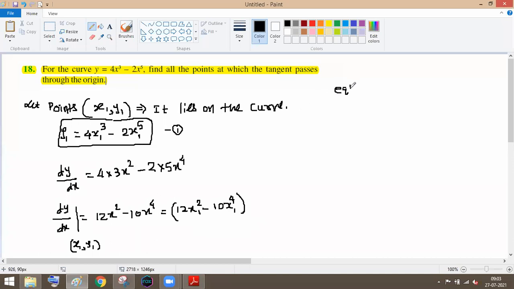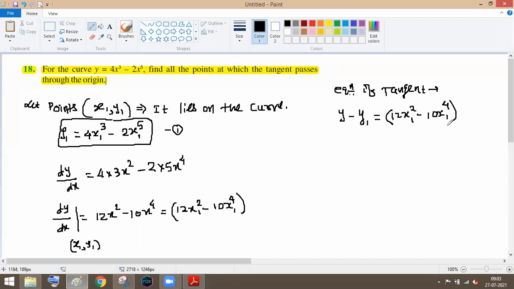Now if I write the equation of tangent, what will it be? It will be y minus y1, so y1 will be as it is, equal to m. M is slope, that is 12x1 square minus 10x1 to the power 4.